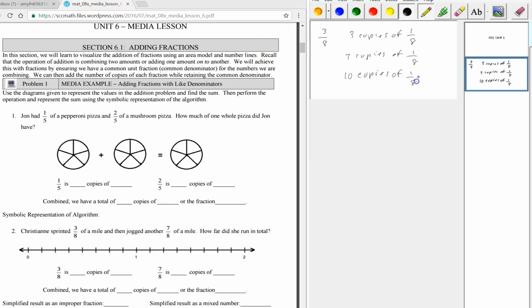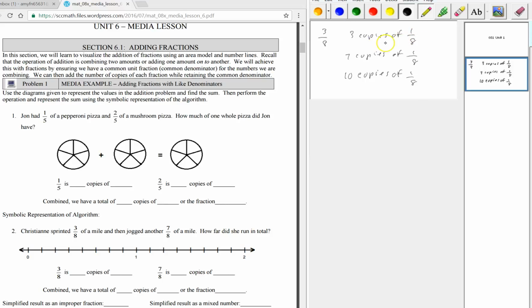So again, this idea of the unit fraction as our unit, we could think of 1/8 as cookies. You have 3 cookies, and 7 cookies is 10 cookies. Getting them to see when we add fractions that our unit fraction is our unit of measure.